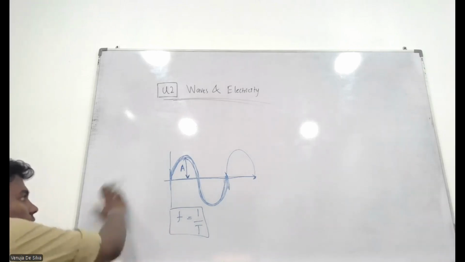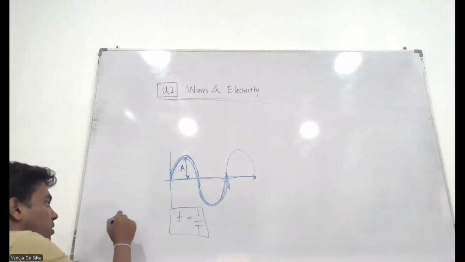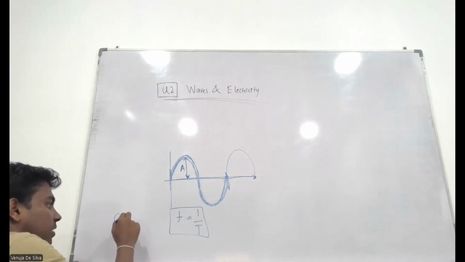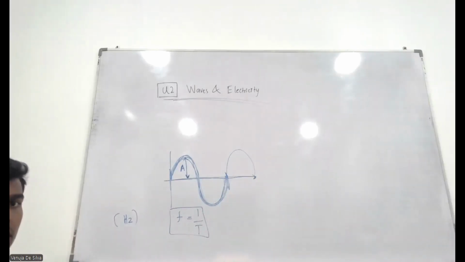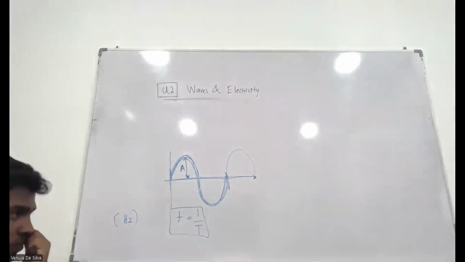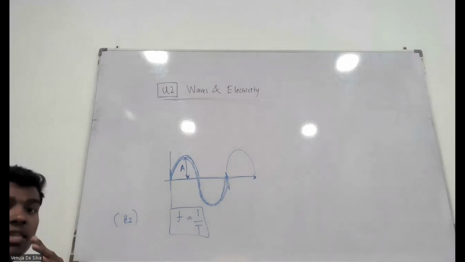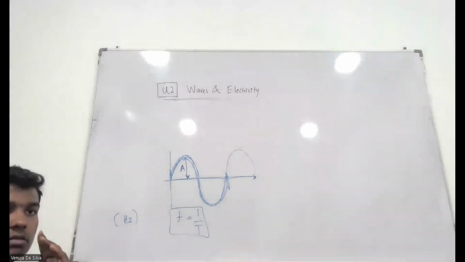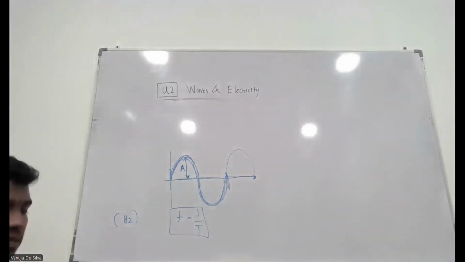So for frequency, you write down frequency, and within brackets you put the unit. The unit is Hertz, symbol capital H, Hz. From that you write down: frequency means the number of oscillations during 1 second.